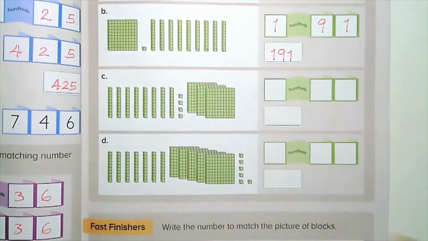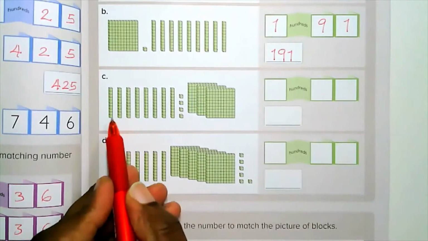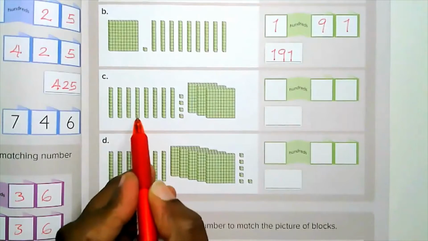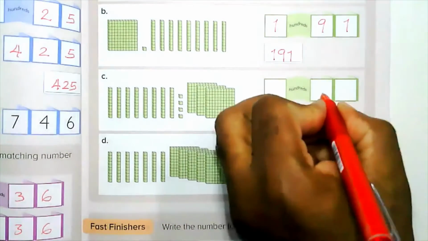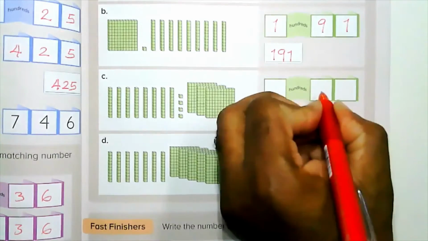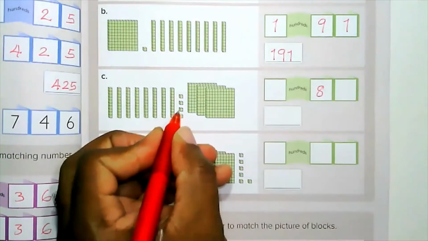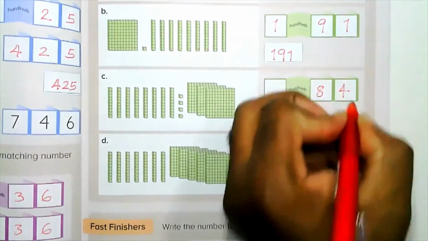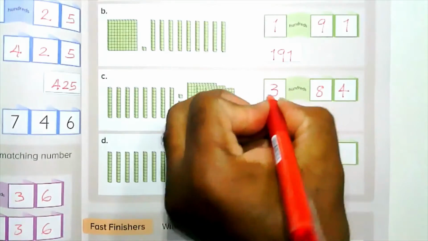Part C, we have how many 10 blocks? 1, 2, 3, 4, 5, 6, 7, 8. We write it on the 10 place value as 8. How many ones? 4. And how many hundreds? 3.